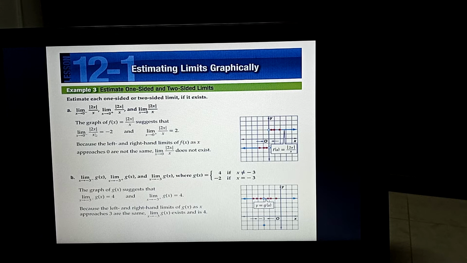What is the limit of this function when x approaches 0 from the left? When x is less than 0, the value of the absolute value of 2x will be positive, but x will be negative. So we can cancel x with x and we have negative 2 over negative, which equals negative 2.